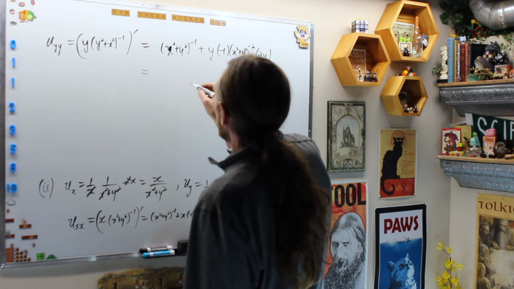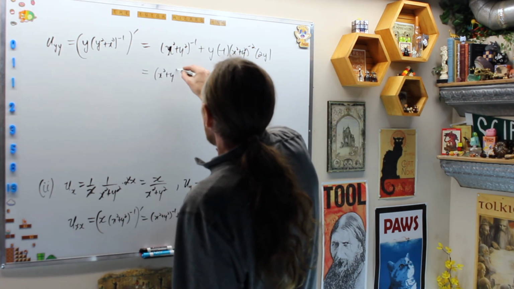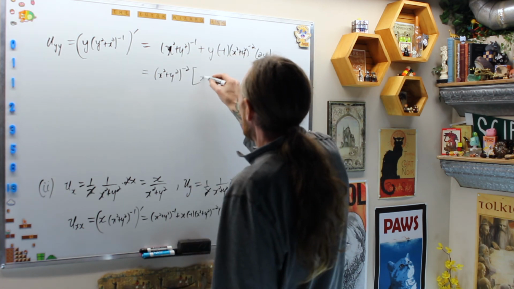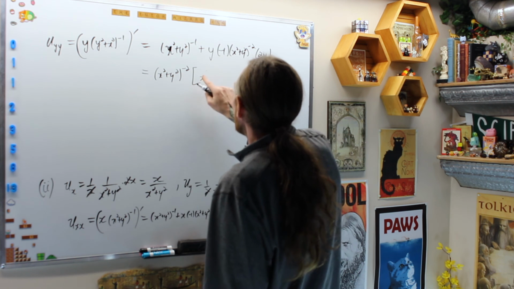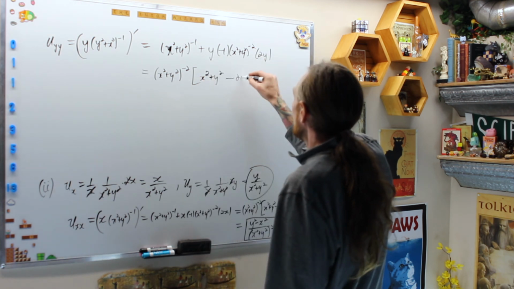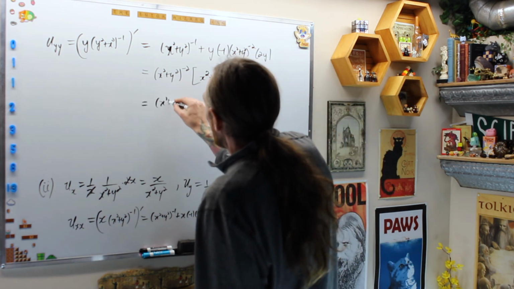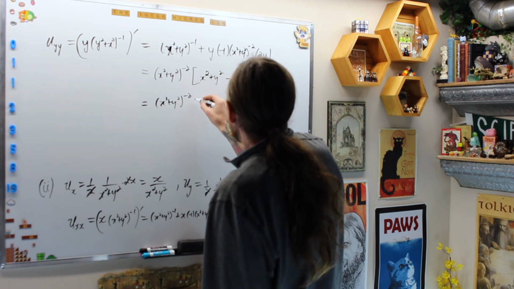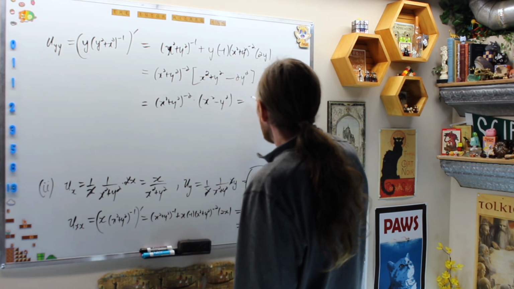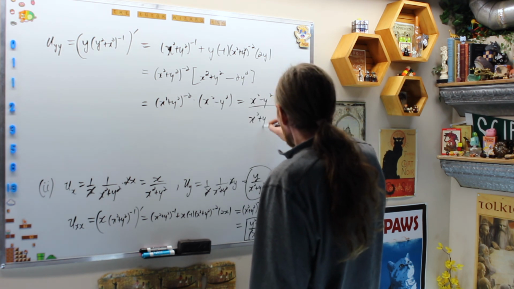This is going to give us what? Again, we're going to pull out x squared plus y squared to the negative 2. This time I am left with x squared plus y squared, and then minus 2y squared, which is going to give me x squared plus y squared to the negative 2 times x squared minus y squared, which is x squared minus y squared over x squared plus y squared, squared.